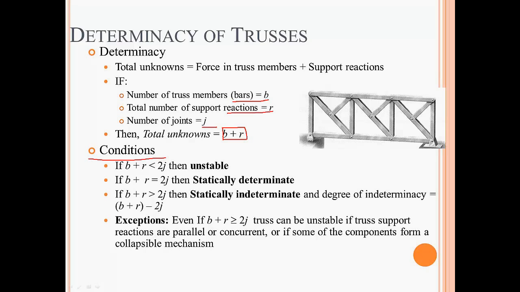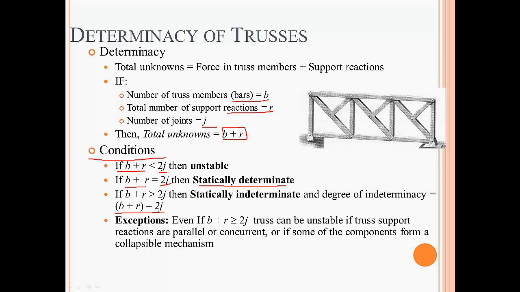The available equations are 2 times J. So if B plus R is less than 2J, then the truss is unstable. If B plus R equals 2J, then it is statically determinate. And if B plus R is greater than 2J, then the truss is indeterminate, and degree of indeterminacy equals B plus R minus 2J.